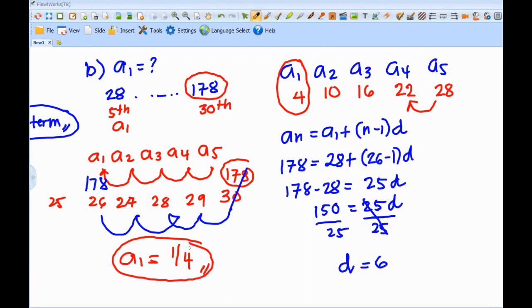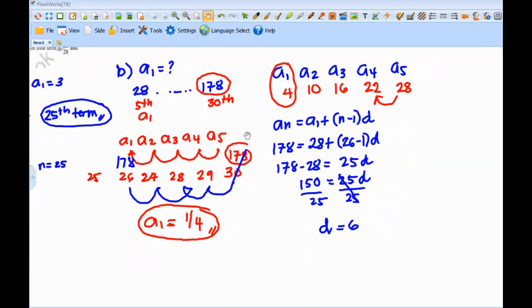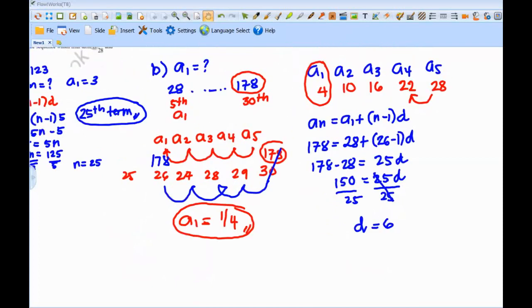Okay? Did you get it? So we move the number so that it's easier for you to do it. Or we can create also an equation and use simultaneous equations. Now let us proceed to the next one.